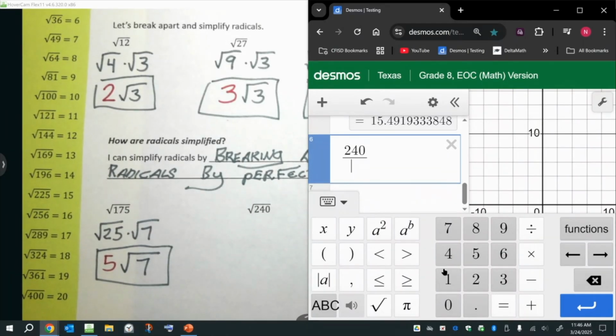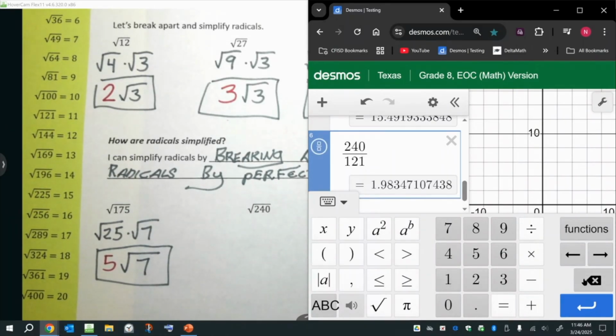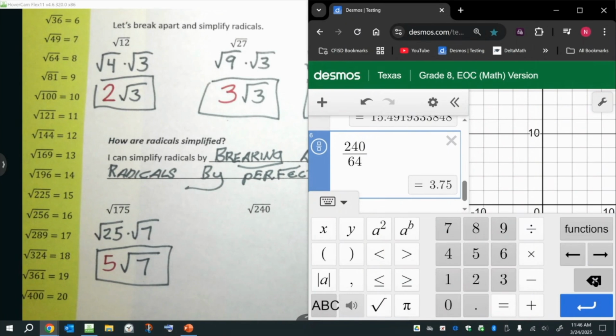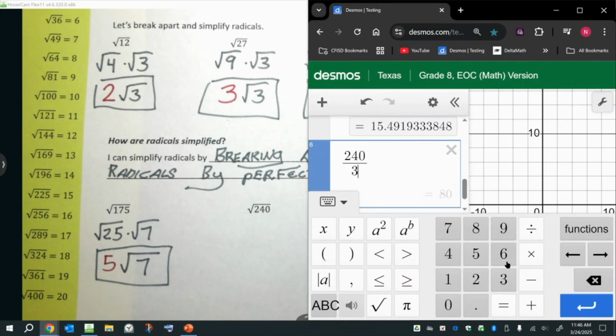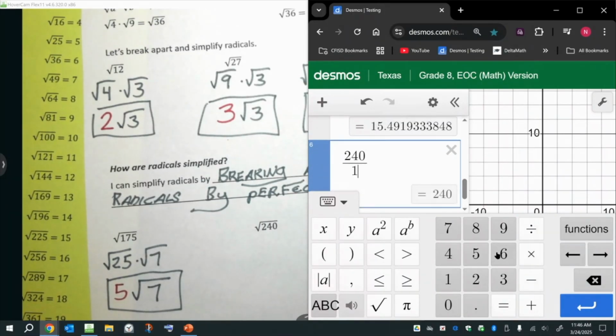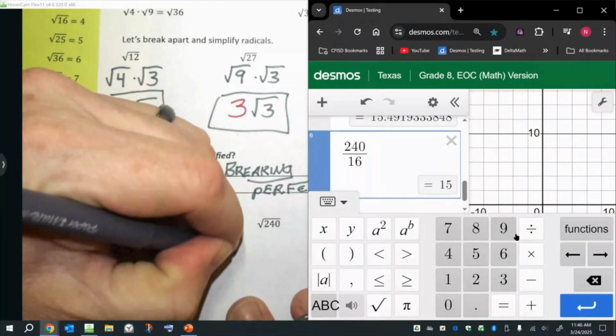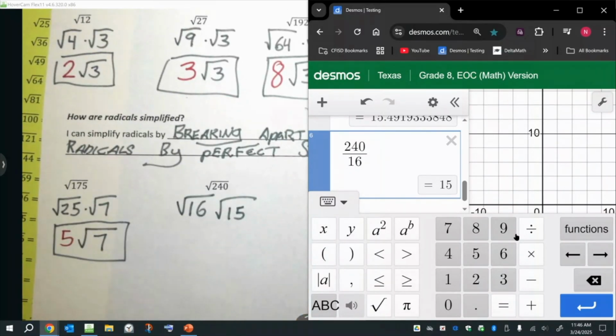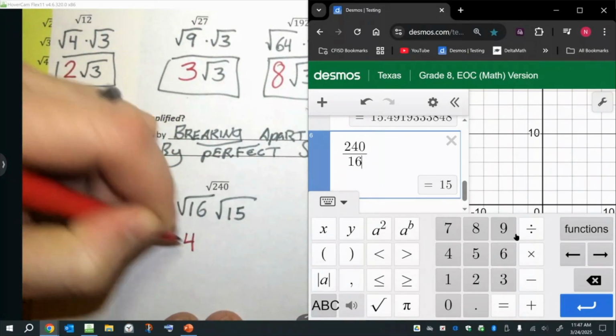Nope. 121. Nope. 100. Nope. 81. Nope. 64. Nope. 49. Nope. 36. Nope. 25. Nope. 16. Hey, 16. 16 times 15. Cool. So, square root of 16 is 4.